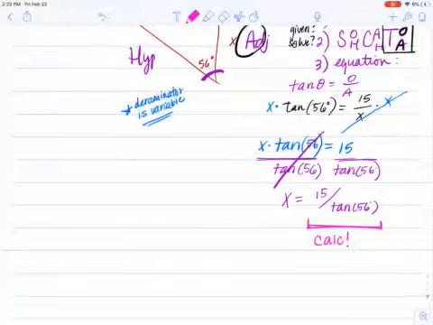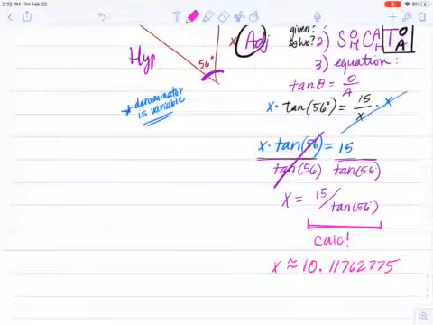15, look, here I go. 15 divided by tangent of 56, enter. And there we go. We get x is approximately 10.11762775. So we're going to say x is approximately 10.1.